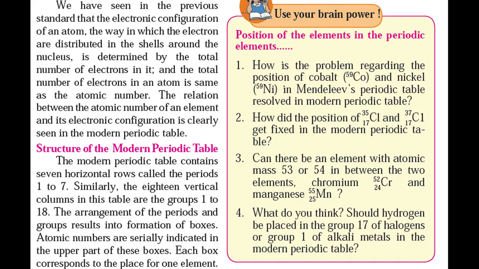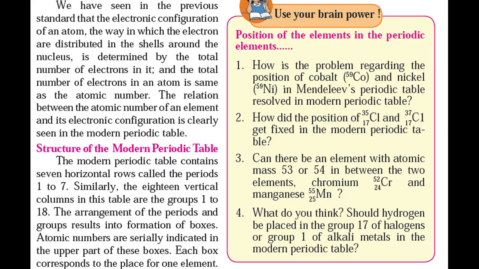Now let us look at the questions given here, on the position of the elements in the periodic table. First question: how is the problem regarding the position of cobalt 59 and nickel 59 in Mendeleev's periodic table resolved in the modern periodic table?